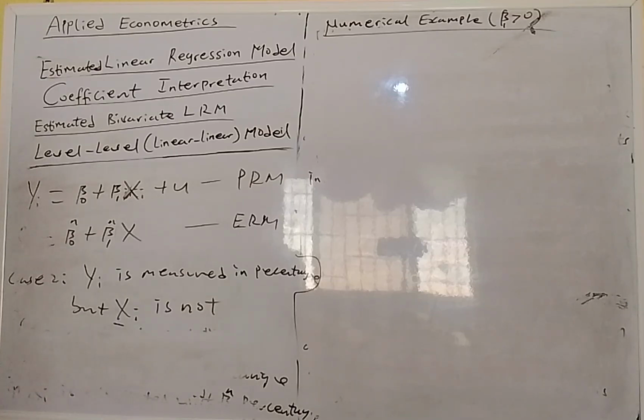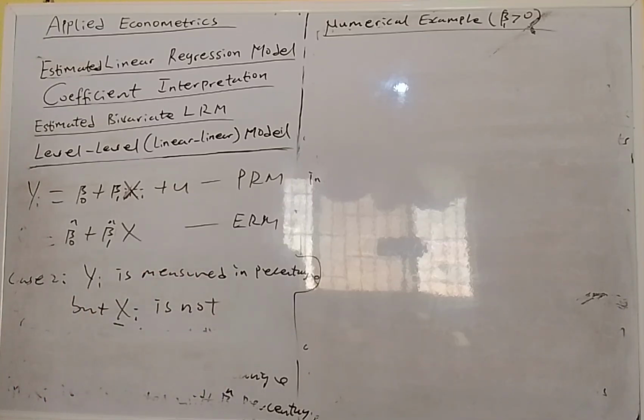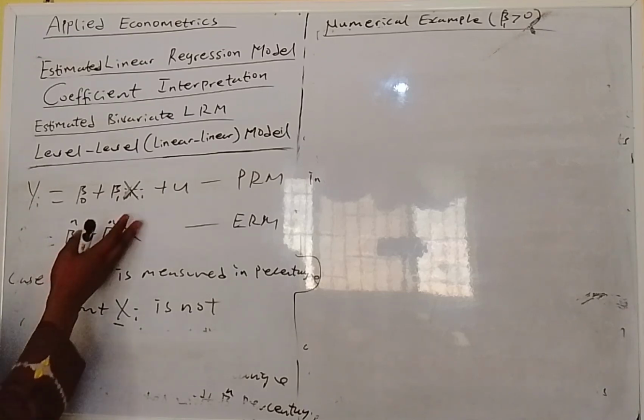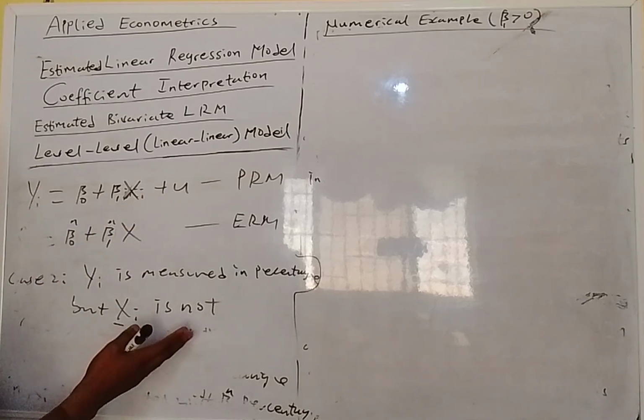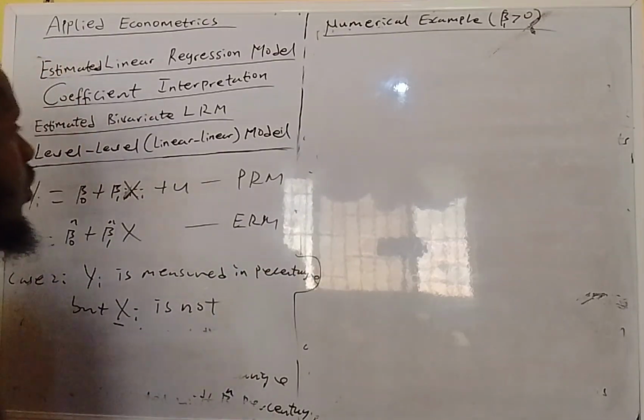We are on case 2, where the dependent variable y is measured in percentage, but the independent variable x is not measured in percentage. Now let's give a numerical example.